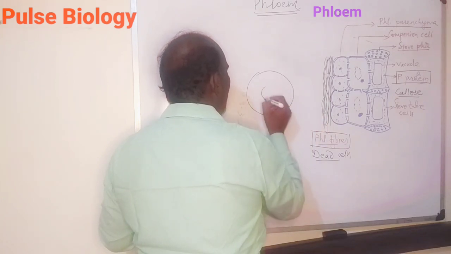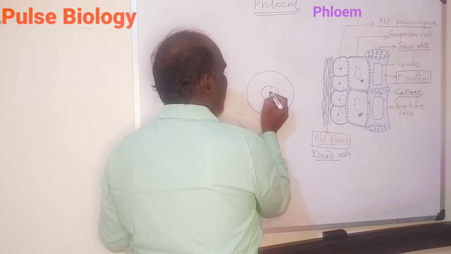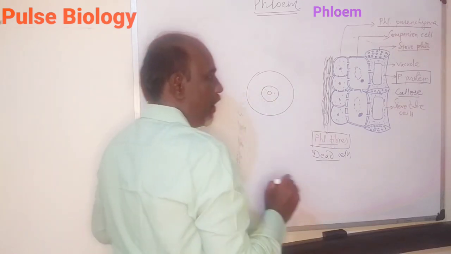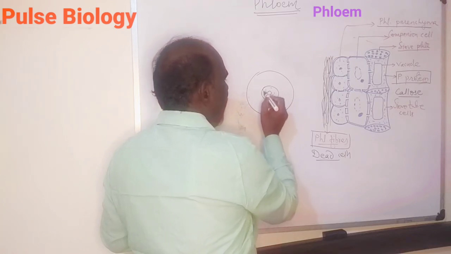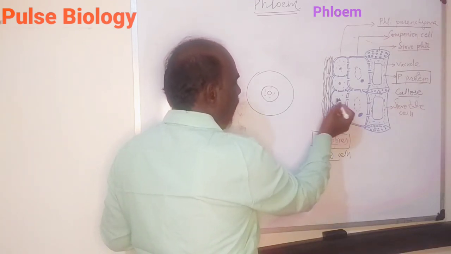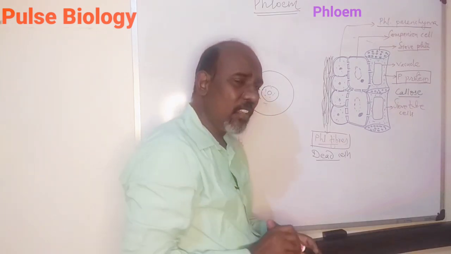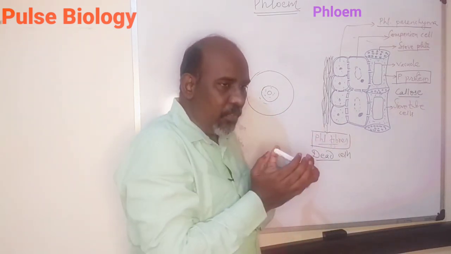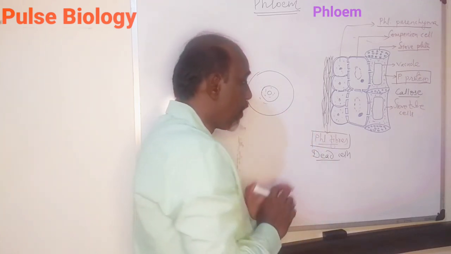So if phloem is located here, the central part of it will be the sieve tube. Around that the companion cells are there, around that the phloem parenchyma is there, and around that the fibers are there. So fibers are surrounding the cells here, but they are dead. Why are they present then?